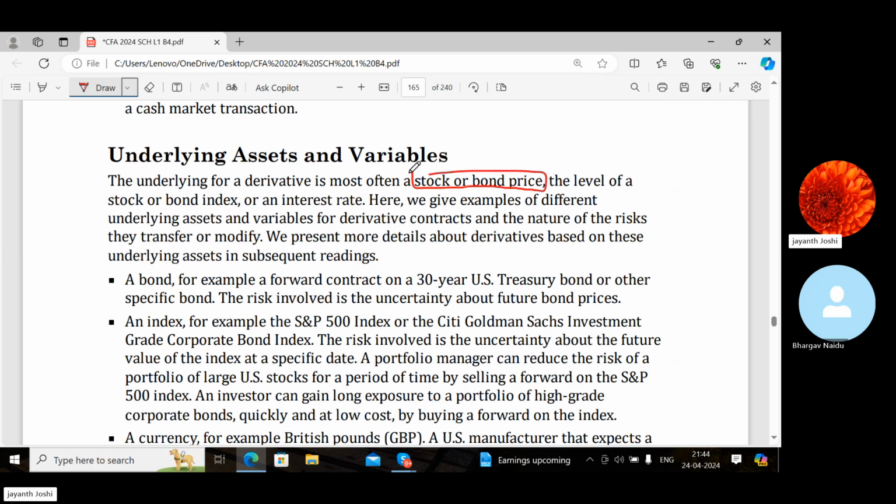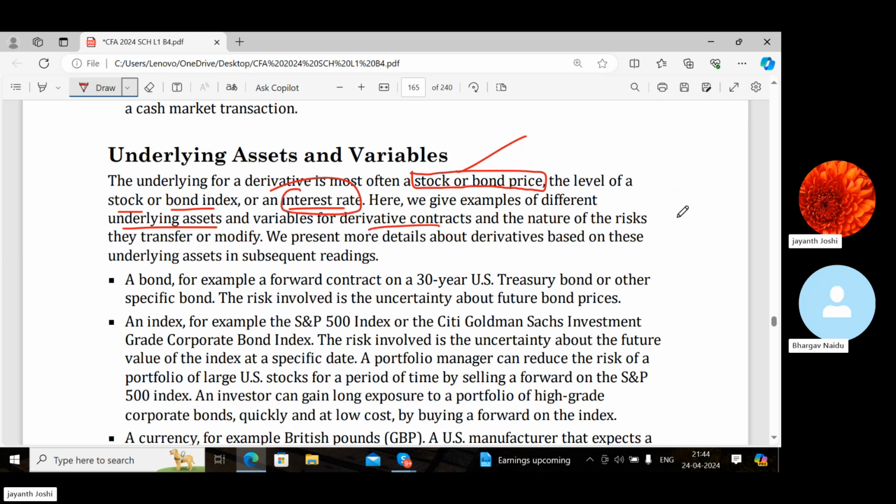There are many things which can be considered: the level of a stock or bond index or an interest rate. Here we give examples of different underlying assets and variables. So we take underlying assets like stock or bond. We take variables like interest rates, which is mentioned here for derivative contracts.